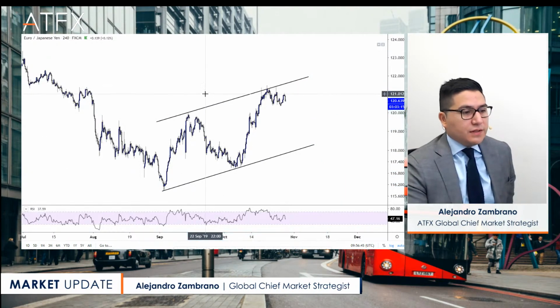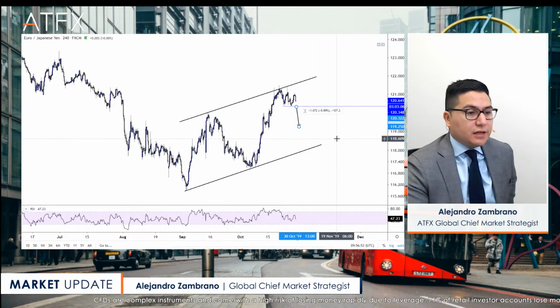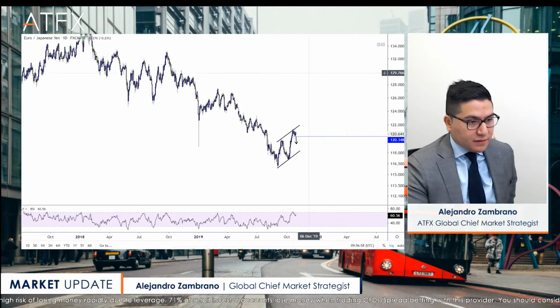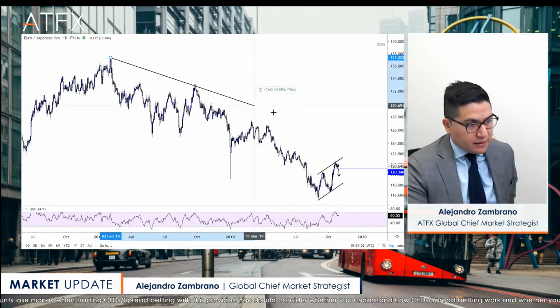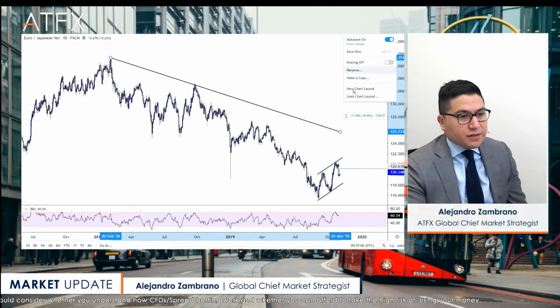So we're stuck in this sort of channel, where I suspect that if we trade below here, we can have a bit of a bearish move like that. And if you're looking from a bigger picture perspective, you have a bunch of channels here. I think it's this little spot here actually. Let me show you some different charts.